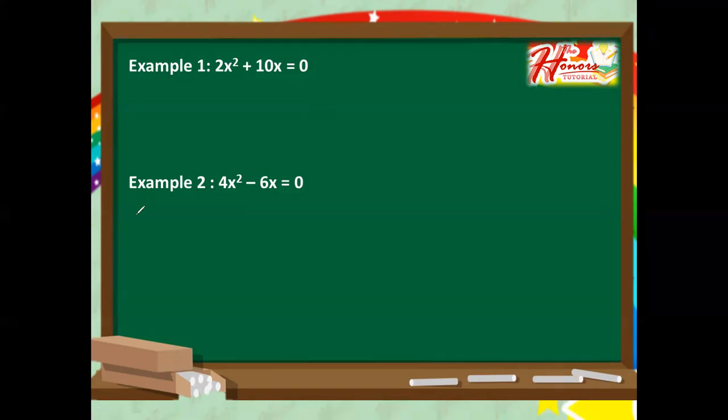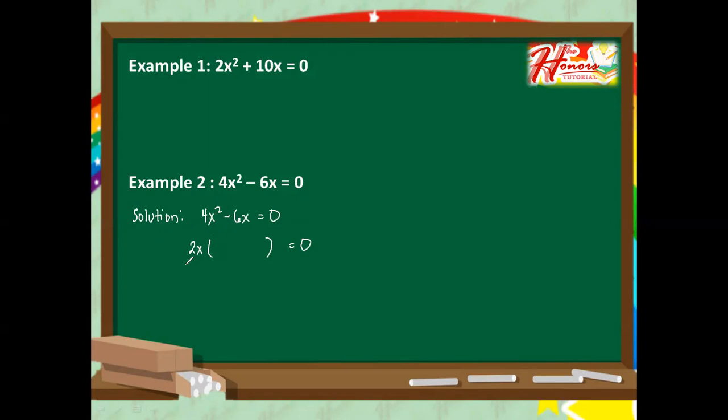Let's write solution here and then write the given. So we have here 4x squared minus 6x equals 0. Get the GCF, that is 2x, and then we will write it outside the parenthesis. And then equals 0.